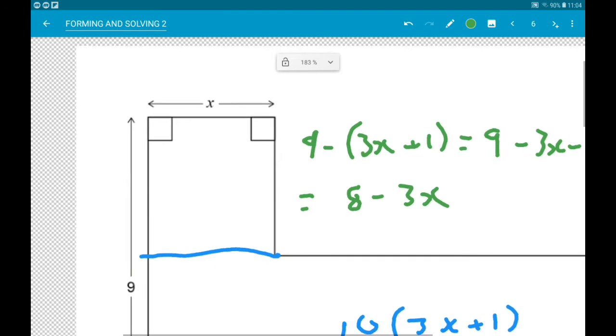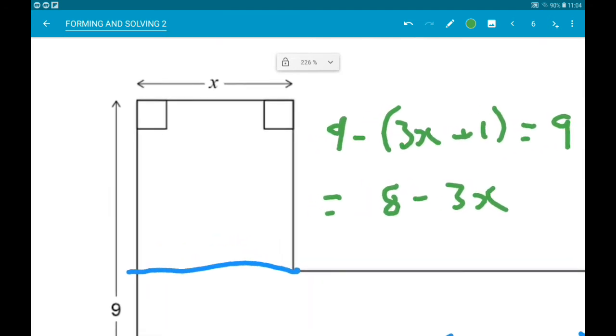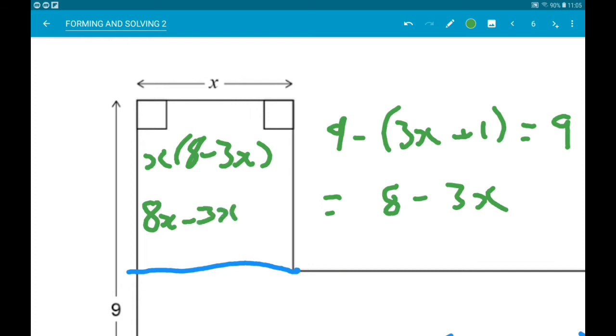Okay, so the area of this bit up here then is x times 8 minus 3x, which is 8x minus 3x squared. Okay, so now that we know the two separate areas, we can write down the total area.